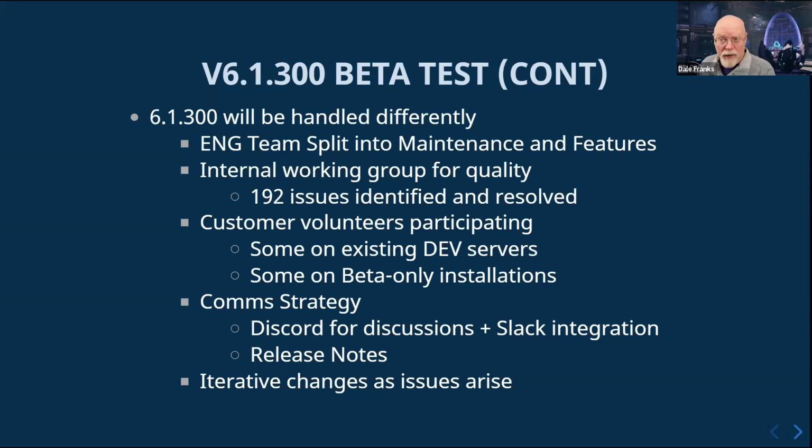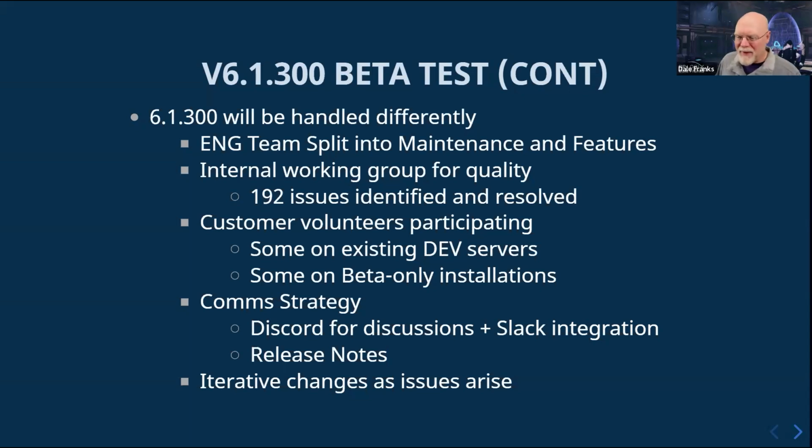Another thing that we've done for the very first time is come up with a communications strategy. I was about to say we came up with a new communication strategy, but I think it would be more fair to say that we actually came up with a communication strategy, and we're trying something new for this beta release. For now, it is only for the beta customers, but note the term "for now."